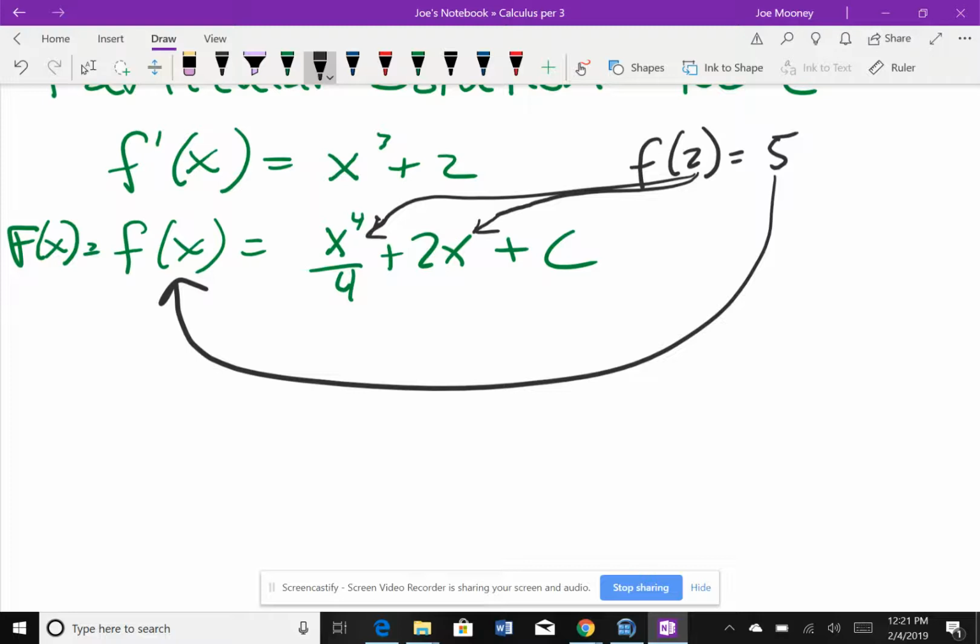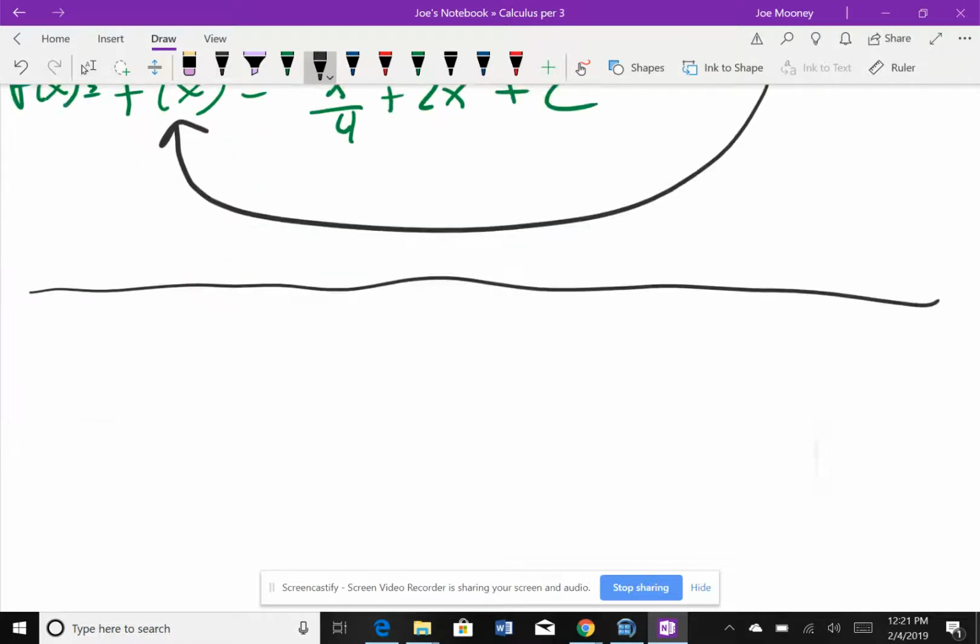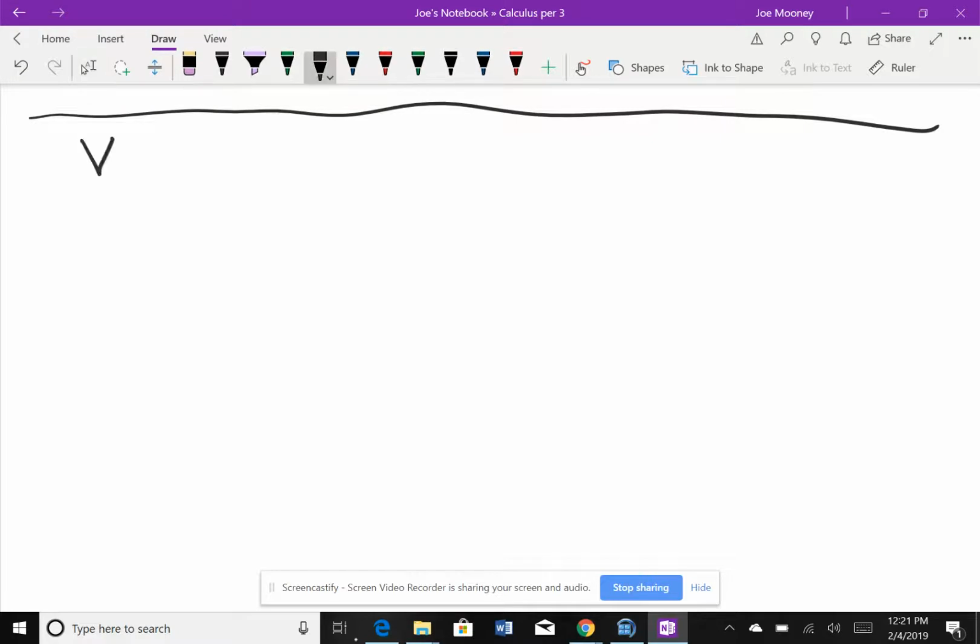Then we took it up, and we took it to the vertical motion problems. So let's do the first level of those. So then we're into vertical motion.